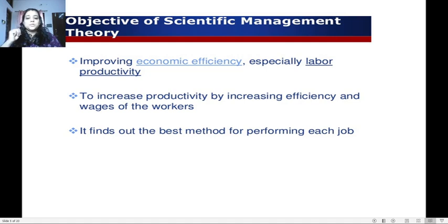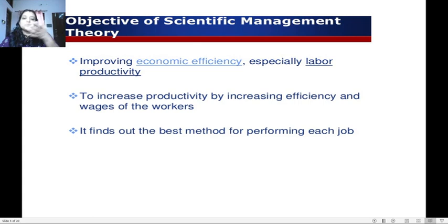The third objective of scientific management is to know the best method of performing the job, right? Basically these scientific principles are for the lower management people, that is the labor class or the worker class people. Why were these principles brought? As I've told you before also, F.W. Taylor was an engineer.